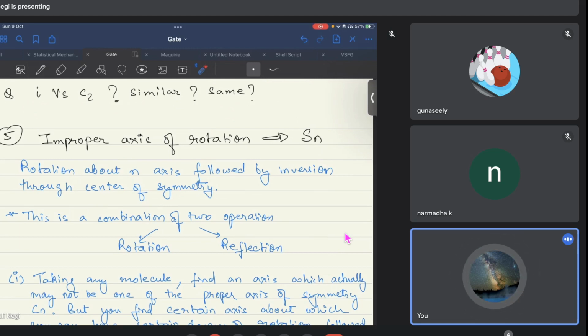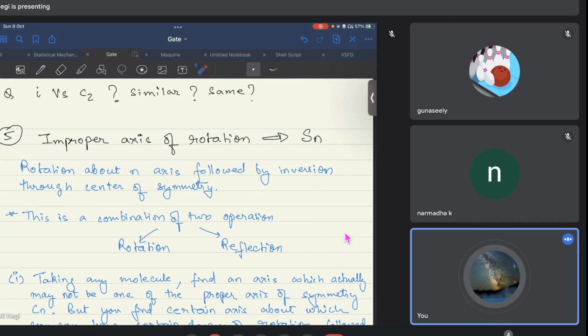So what do you think? Any comment? Any quick comment? You can just imagine any structure and see the operation that I and C2 does. Do they give me the same structure?